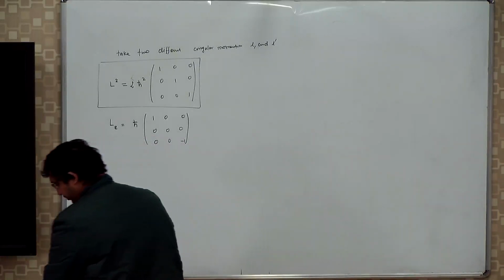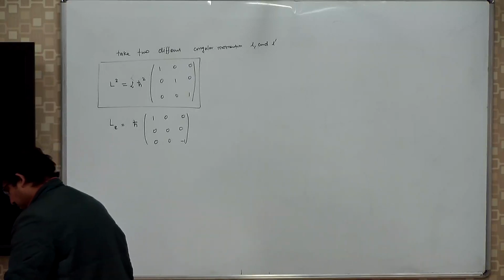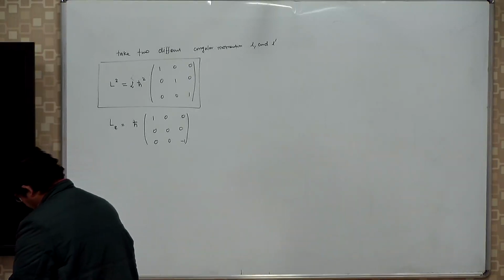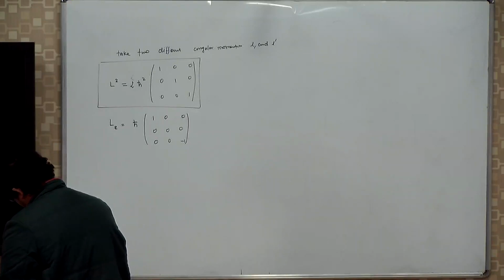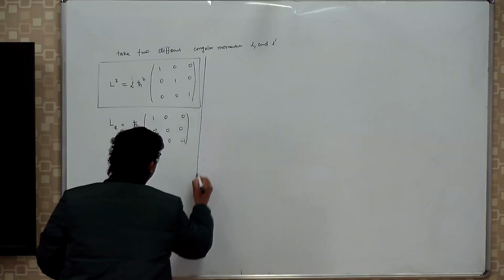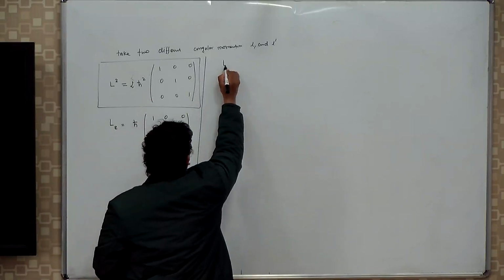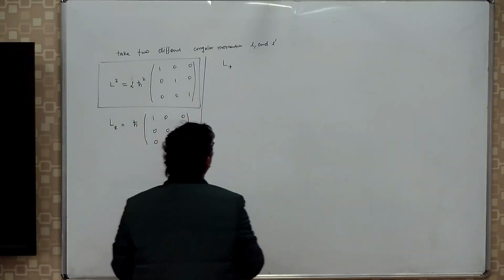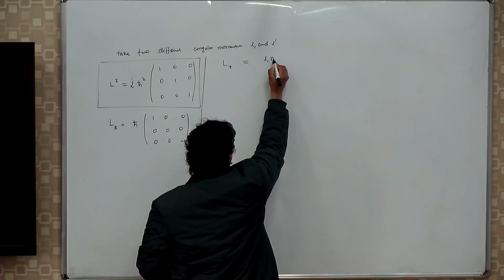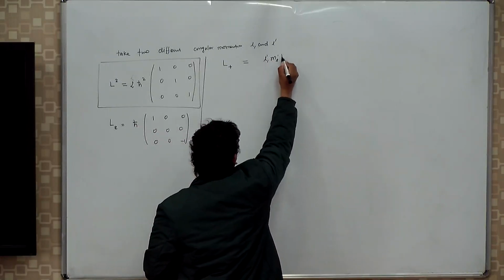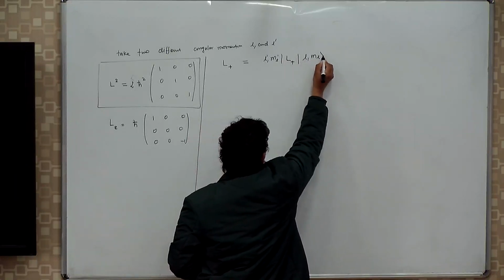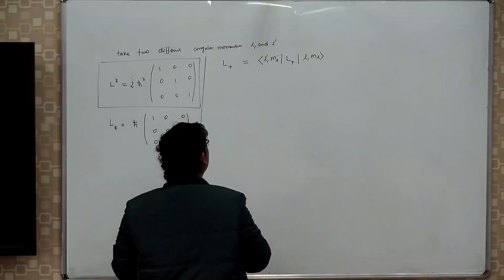For writing the matrix of the non-Hermitian operator L plus with the orthogonality condition, we write ⟨L', m_l'|L plus|L, m_l⟩.